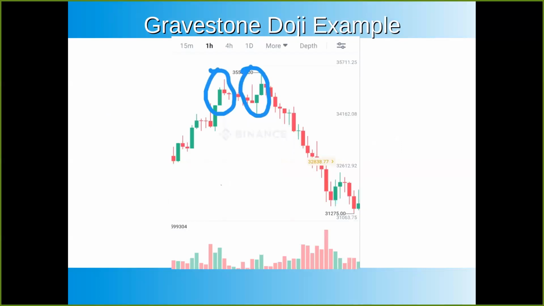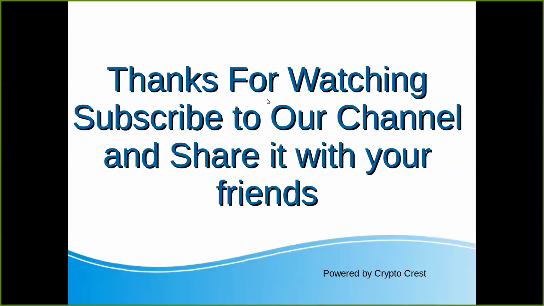All right, so we look at a few examples of it. As you can see, this is the formation of one. The market tries to push it up and it finally returns again. So when you see it at the end of an uptrend like this, it is an indication that the market is about to reverse.